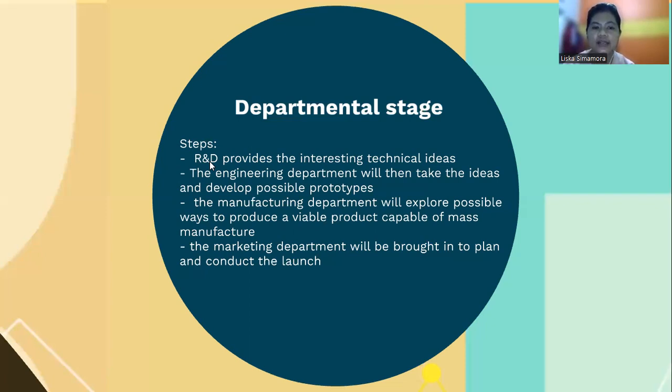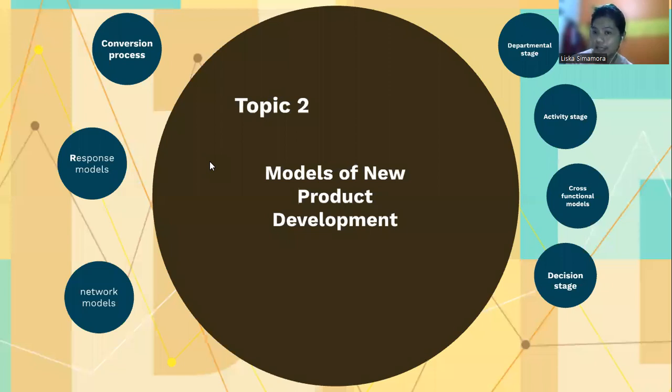And also in the marketing department, their activity is they will talk about the promotion strategy, and how to launch the product, whether they need celebrity or not, or whether they only use social media or also electronic media like television, and another way to promote their product. So that is the activity stage.